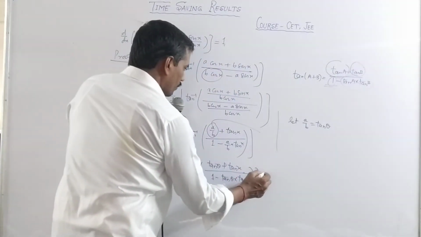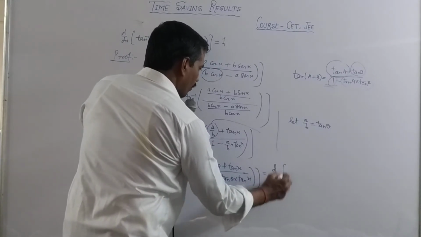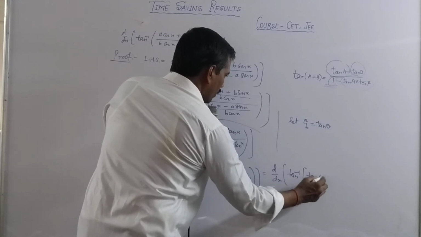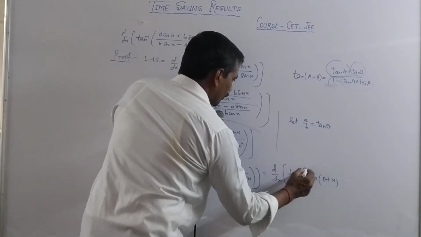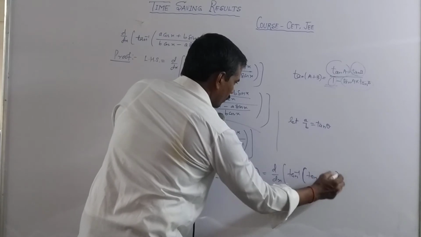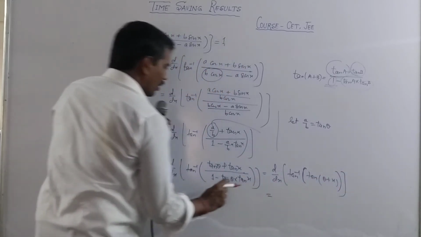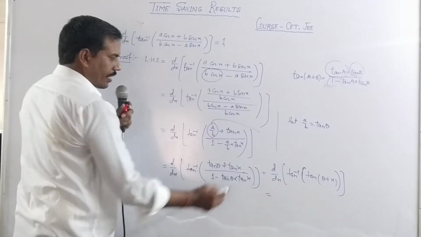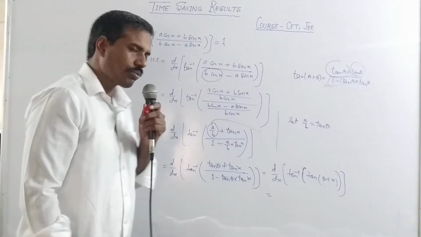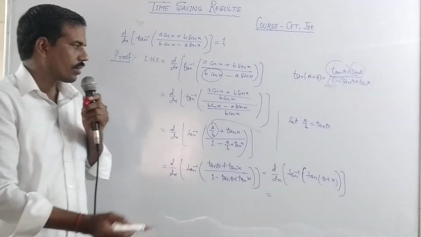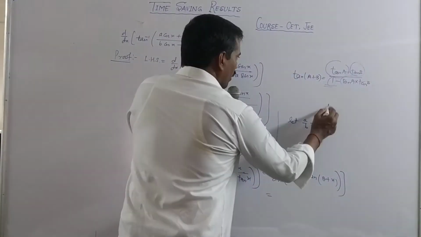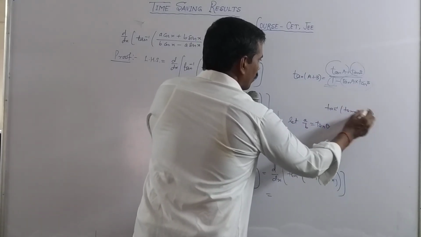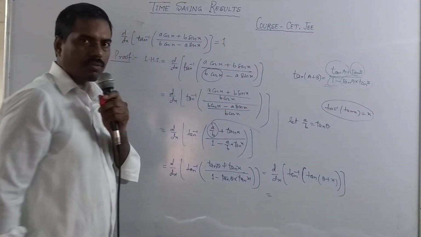This is equal to d by dx of tan inverse of tan of (theta plus x), that is, tan theta plus tan x upon 1 minus tan theta into tan x. We know that tan inverse of tan x is equal to x; this is the inverse property.